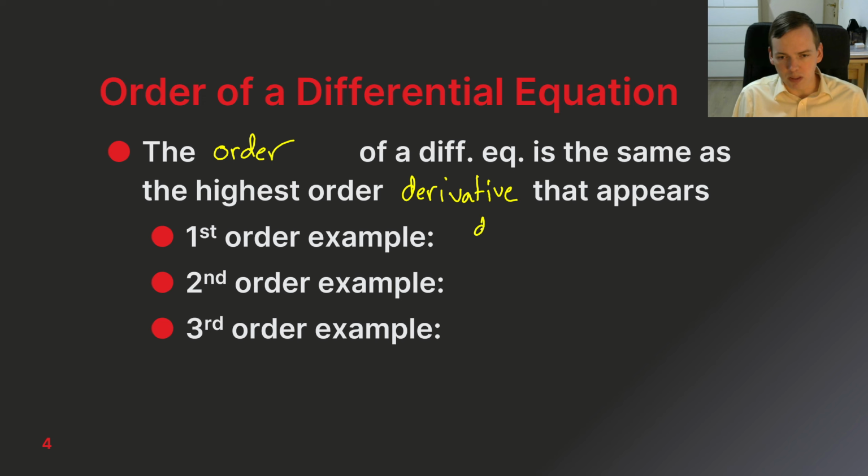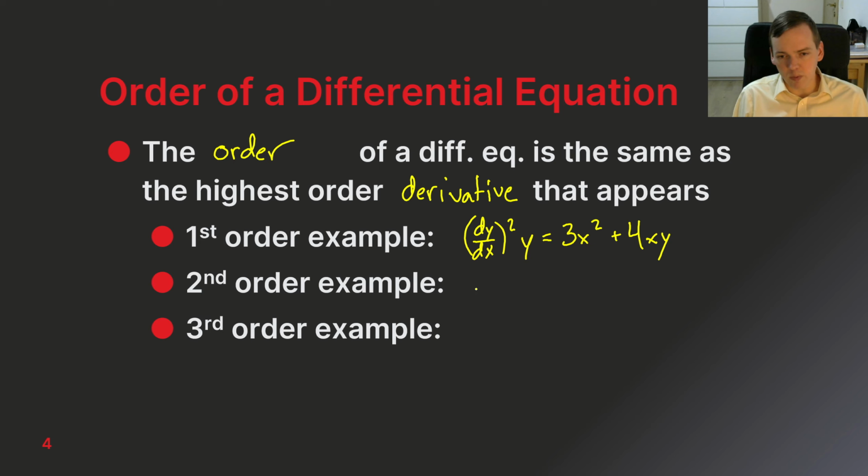So for example, dy by dx squared times y equals 3x squared plus 4xy. So yes, I've got a dy by dx squared, but it's only the first derivative. So this would be a first order differential equation. A messy one, but a first order one.